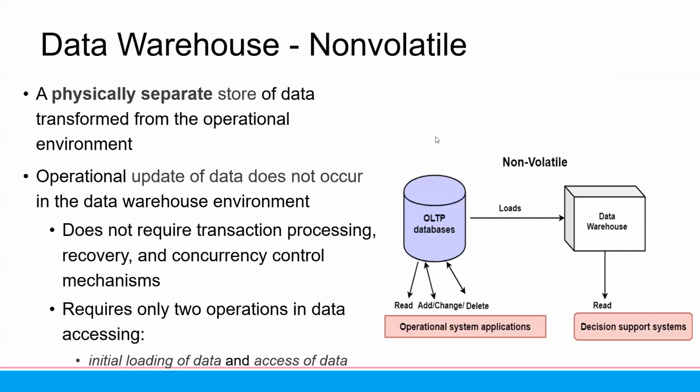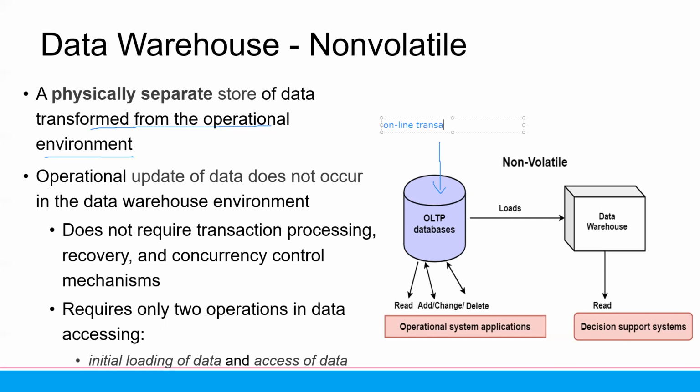Non-volatile. What we mean by non-volatile is a physically separate store of data, and it is transformed from the operational environment. So we have OLTP. You still remember what OLTP is? Sometimes we write online with a dash or without a dash, yes, it's the same.